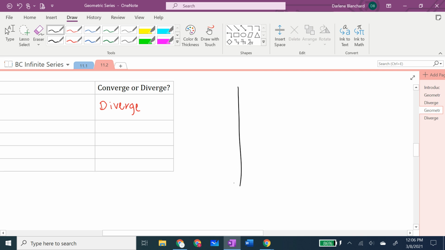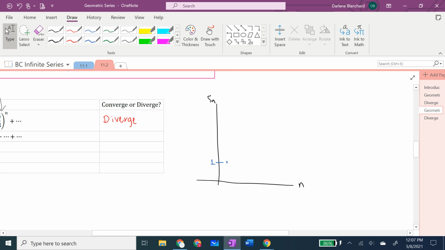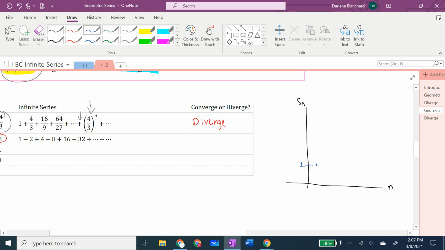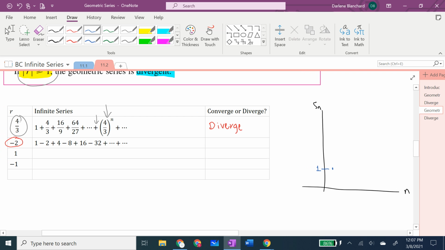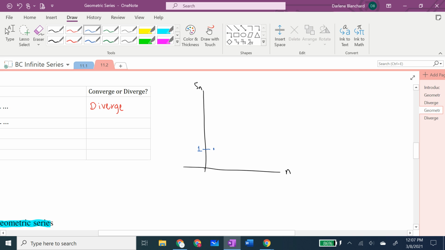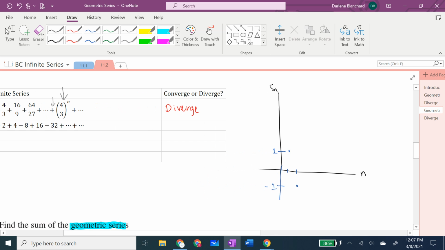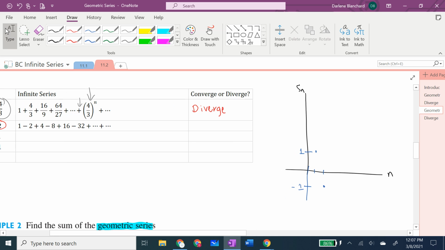So I'm going to do a quick picture draw. I had the series starting at 1. So when n equals 1, we were here. Then we were adding to 1 when my r is negative 2. Then I'm subtracting 2 to get to the next term, and so there's my next term. Then I'm adding 4.